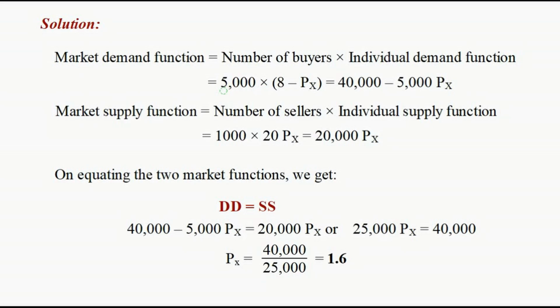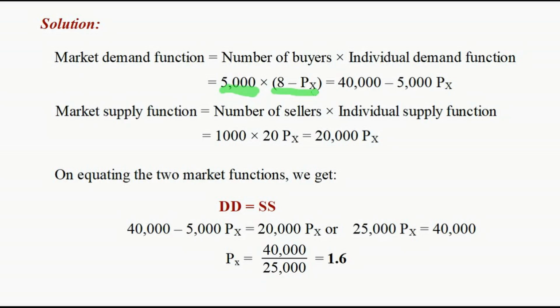Now look, the number of buyers in the market is 5,000. We have 5,000 identical buyers in the market with the individual demand function 8 minus Px. This is the individual demand function.